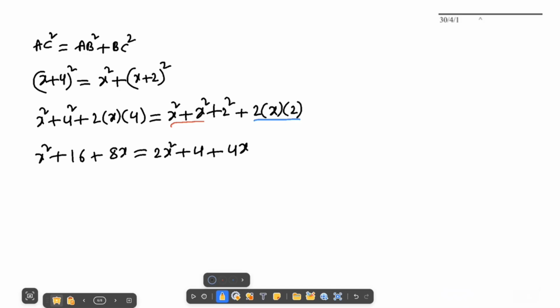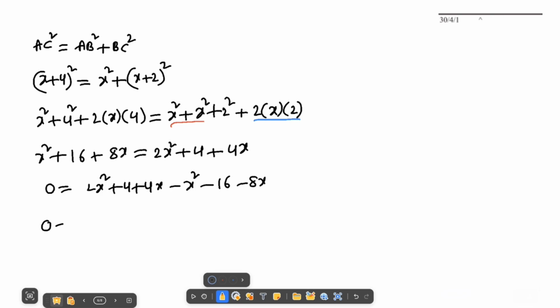So send all the left side things to the right side. Now we will have only 0 on the left side, and it is equal to 2x square plus 4 plus 4x, and sending the left side things over, it becomes minus x square minus 16 minus 8x.